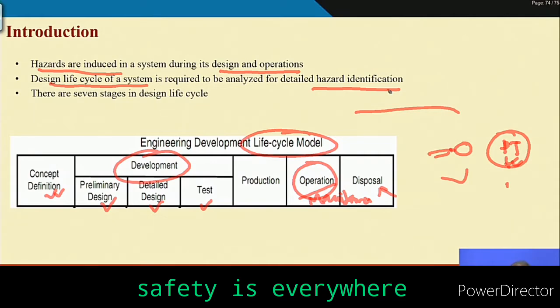When you are interested to identify the hazards of a system, you have to first understand the total life cycle of the system, and then you must assume that hazards will be induced at each stage of this system life cycle, and you have to identify all those possible hazards at the design stage, even before the design, so that the action or protection against the hazard will be built in maximally at the design stage.